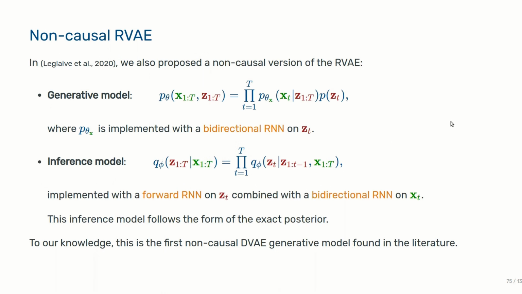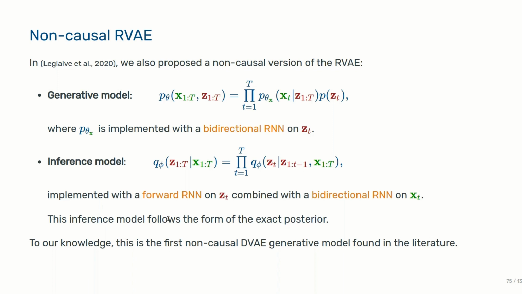This recurrent variational autoencoder has a non-causal version in which the generation of XT depends not only on the past codes but also on the future codes. In this case, the generative model is implemented with a bidirectional recurrent neural network on ZT. And the exact inference model depends not only on the future observations but also on the past observations.